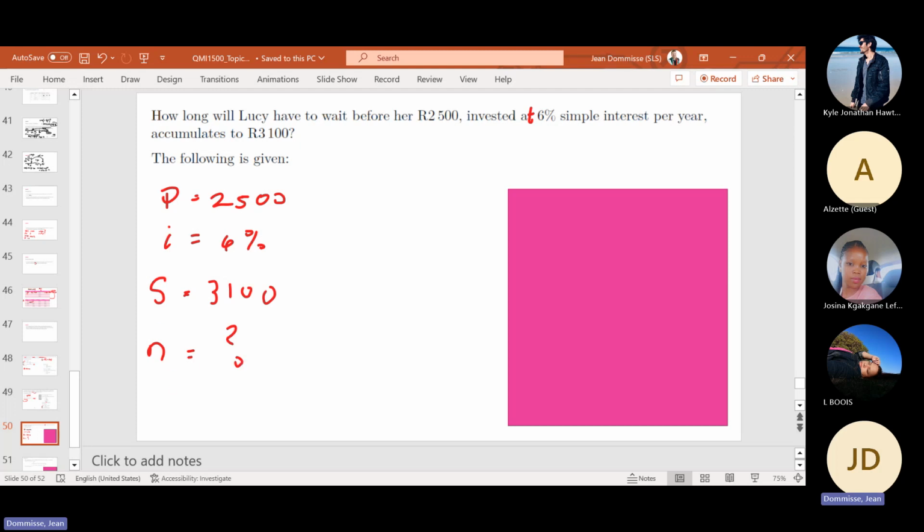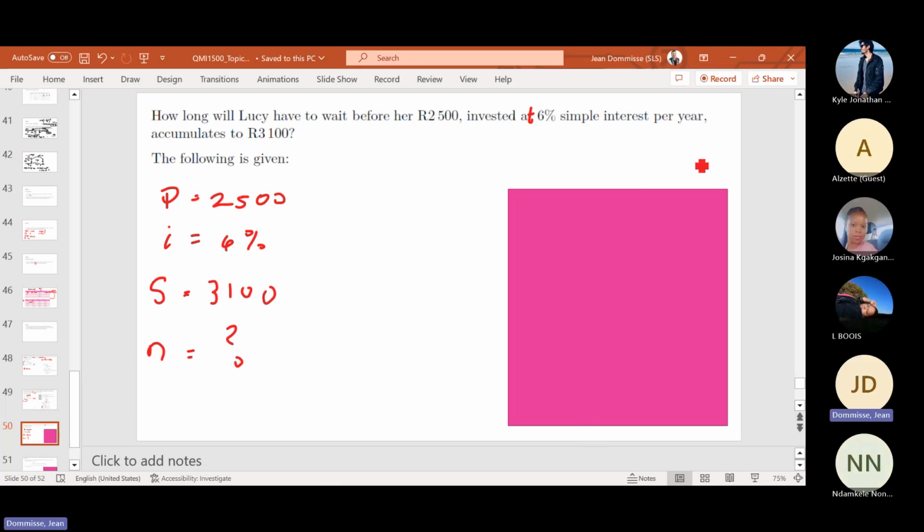Now we have one where we're using the same data, but we will need to work out a term. Okay, so Kyle says 4. Any other takers on this one?